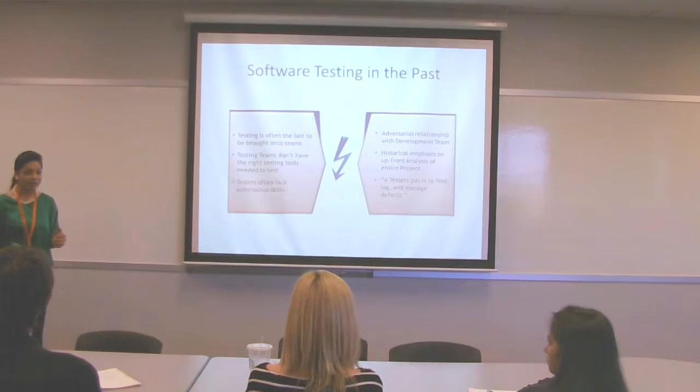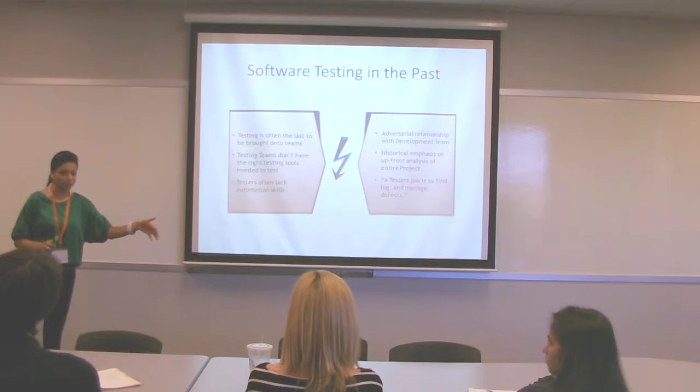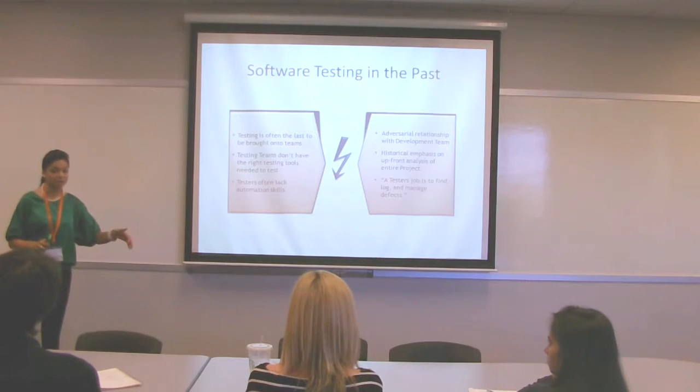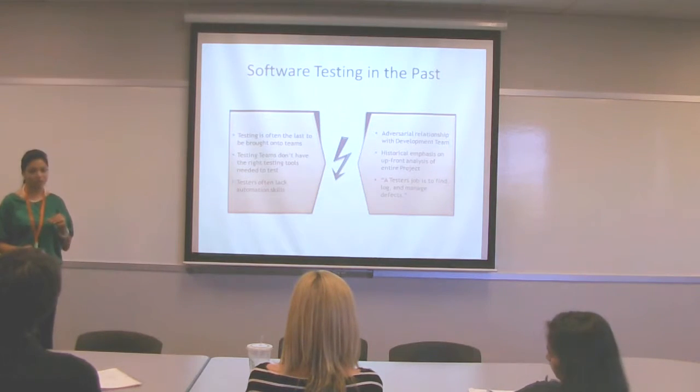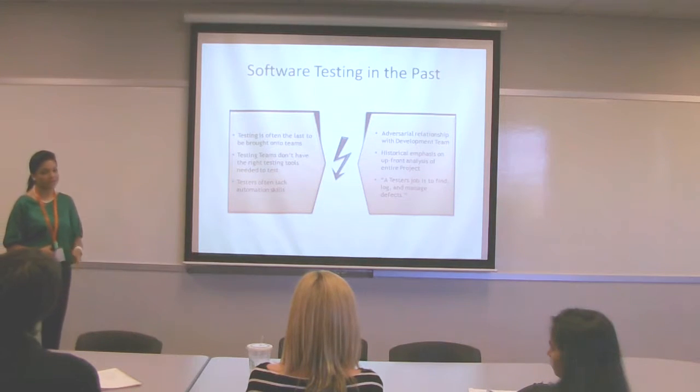Once they have done some testing and said, okay, this looks pretty stable, it will go to a separate automation department where automation testers will take the code and start automating some of the manual tests that we have.